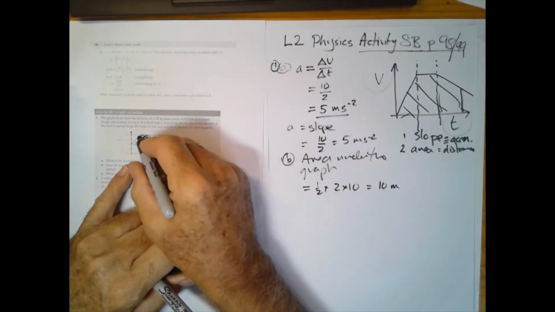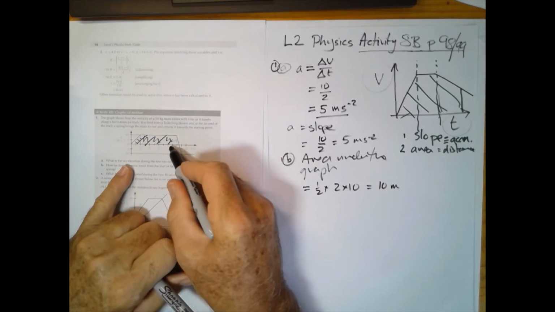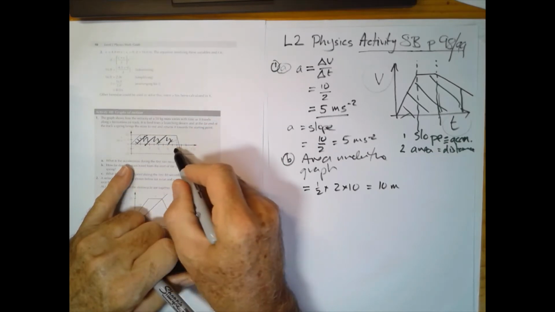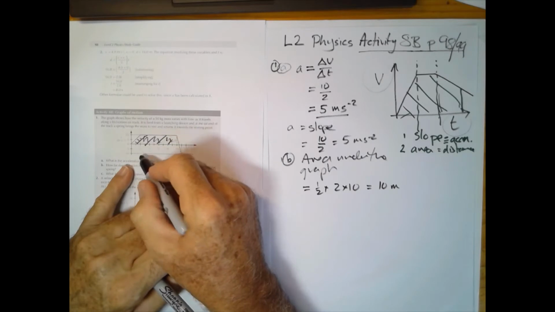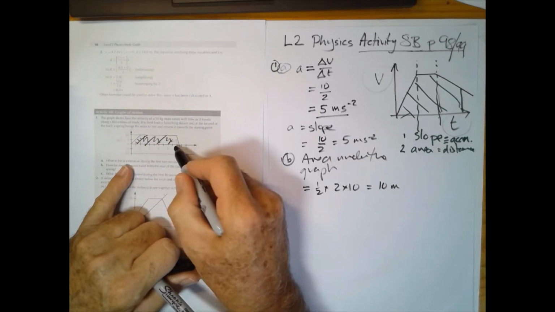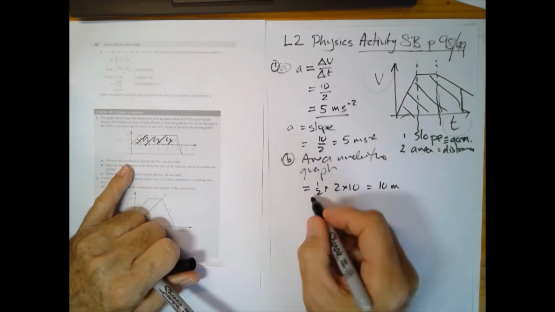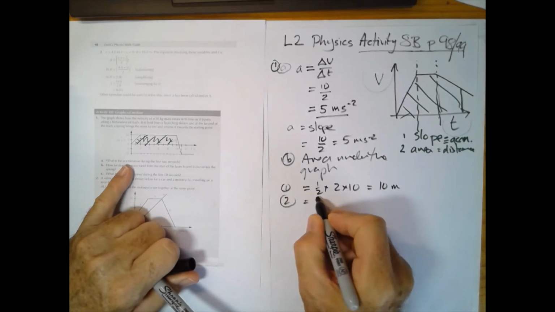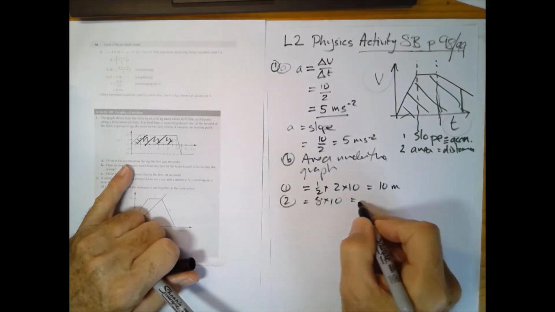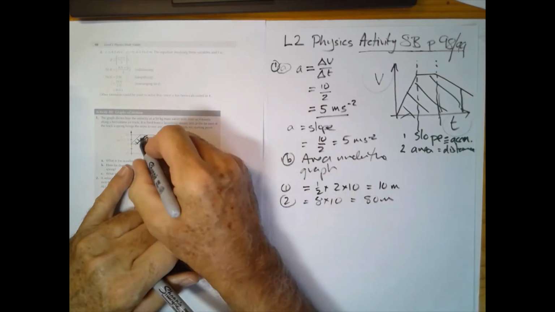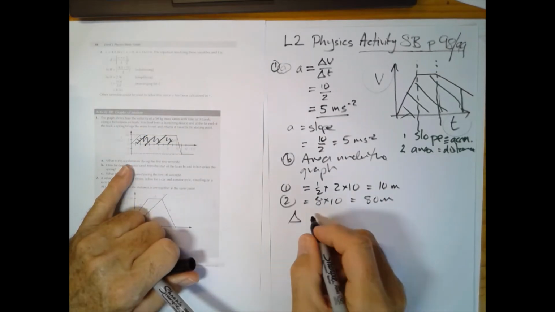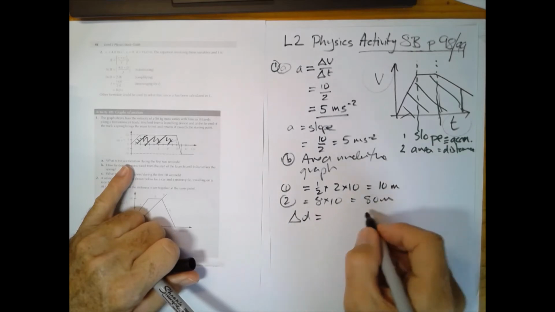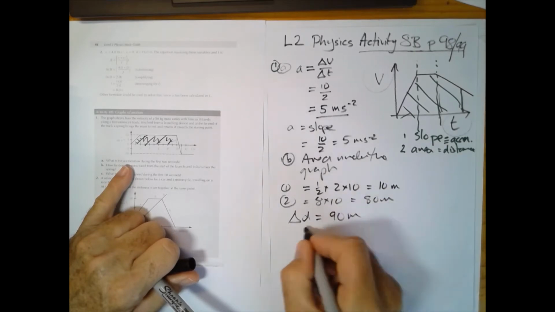Area of this rectangle: don't be doing 10 there, but it starts at 2 seconds, so it's 8 seconds long by 10. So the area of the second part is 8 by 10 equals 80 meters. So the total area, the total displacement, is 10 plus 80, which is 90 meters. That's the answer there.